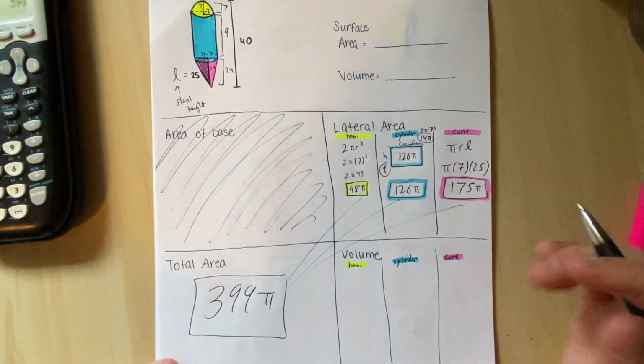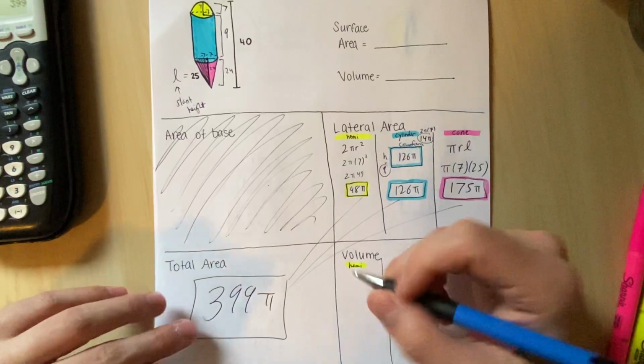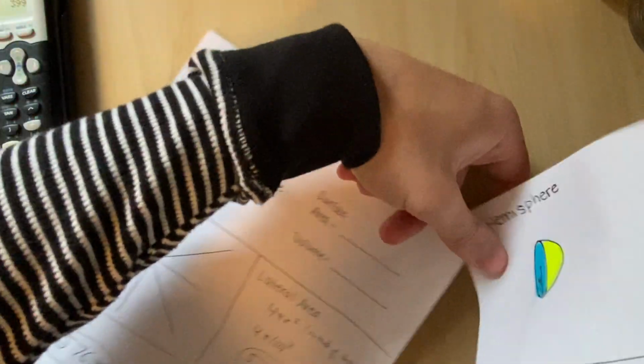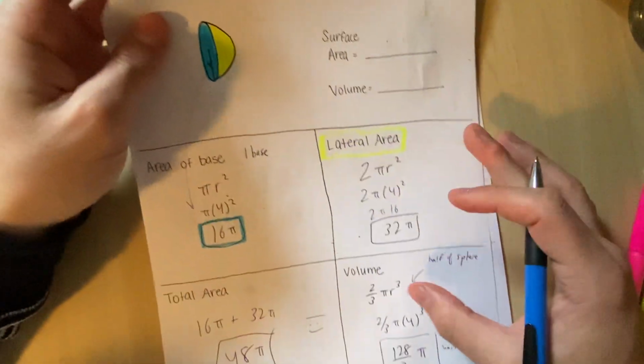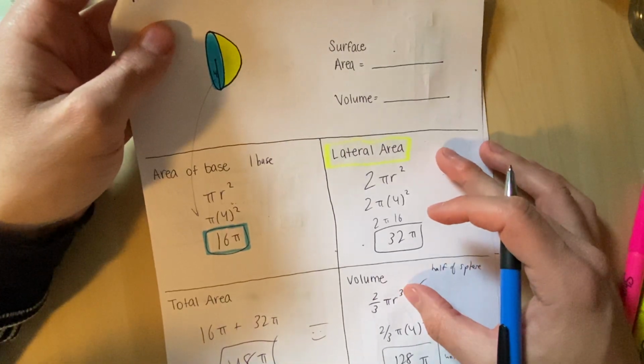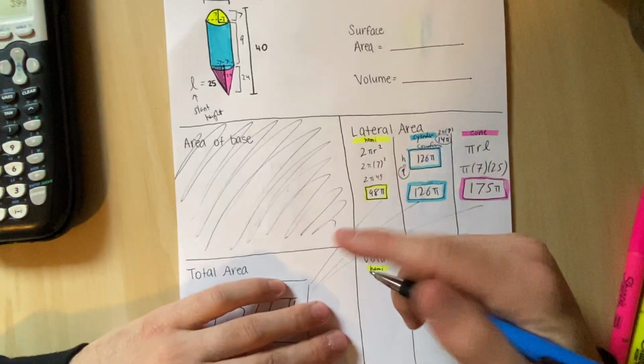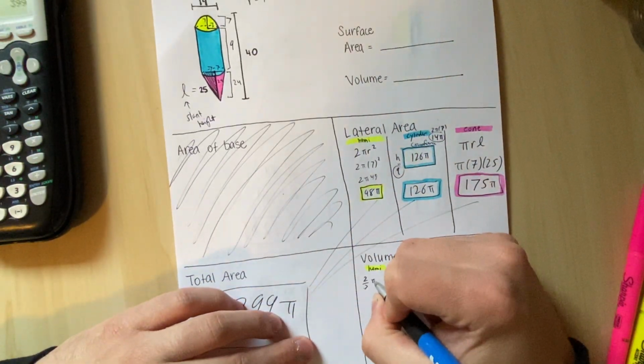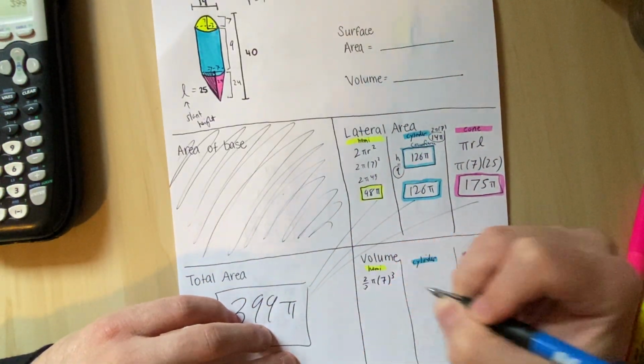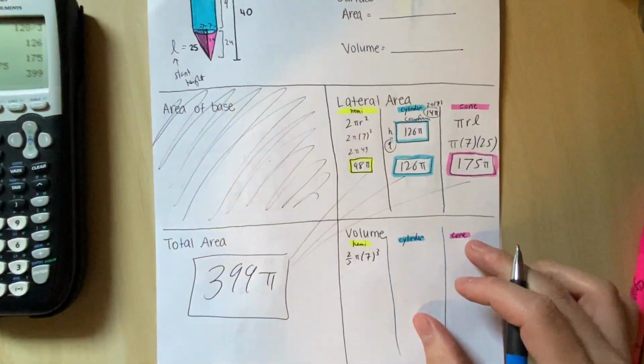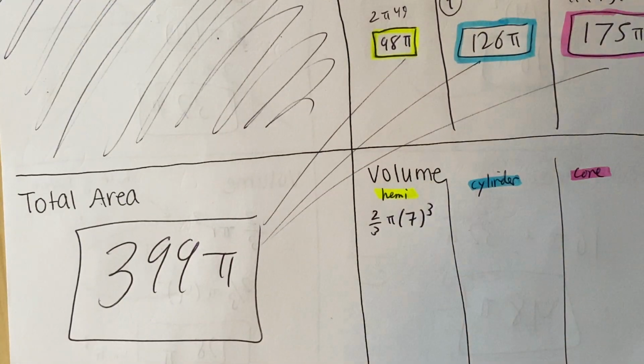Okay. Volume of a hemisphere, which we can go back and look here. The volume of a hemisphere is 2/3 pi r cubed. Just a straight up fact.